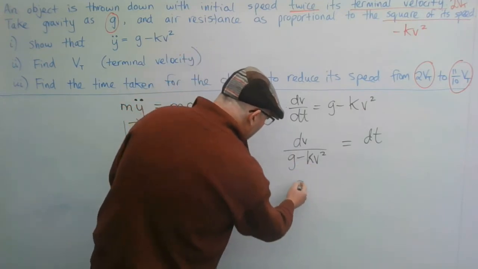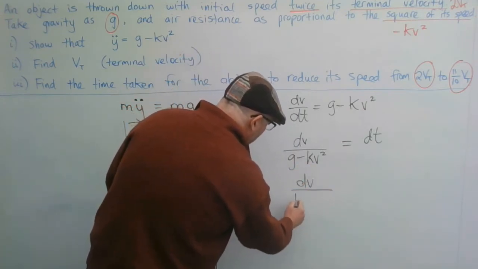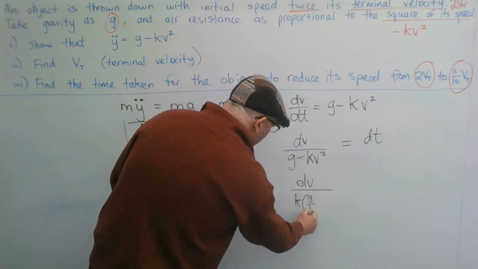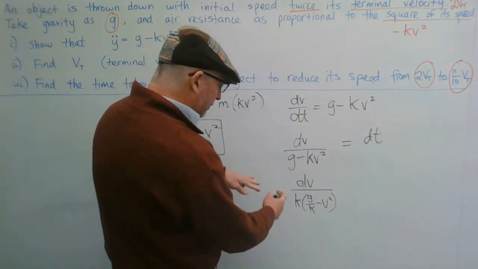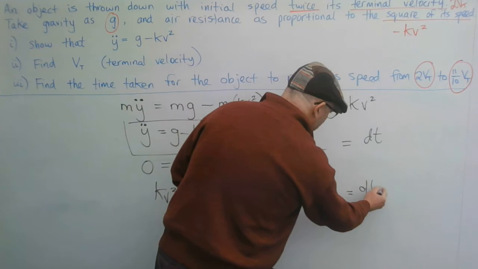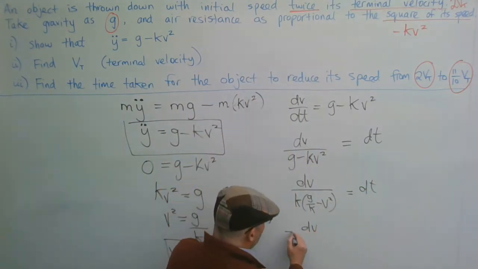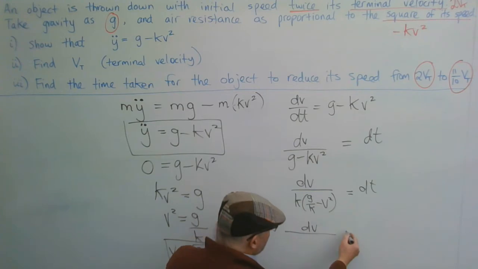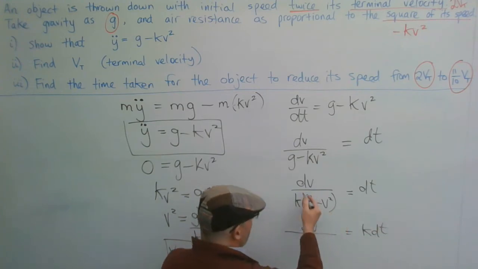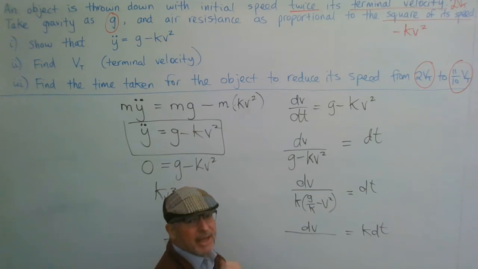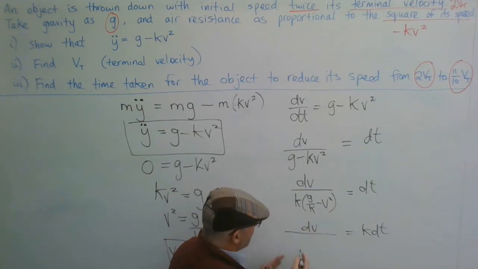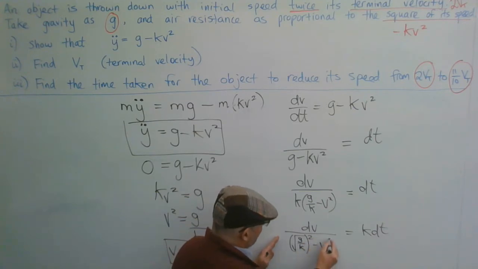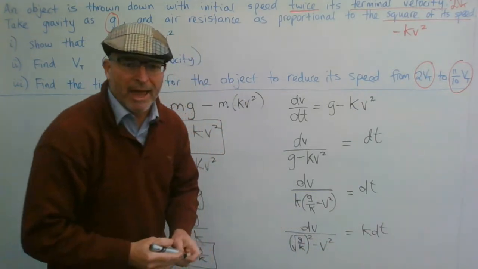So I've got dv on k times g on k minus v squared. So I'm just pulling k out of there, and that's equal to dt. So then that means, if I multiply both sides by k, I get rid of this one that's been divided by k. And then here on the bottom, I've just got what's in these brackets, and that's root of g on k being squared minus v squared, the difference of two squares.